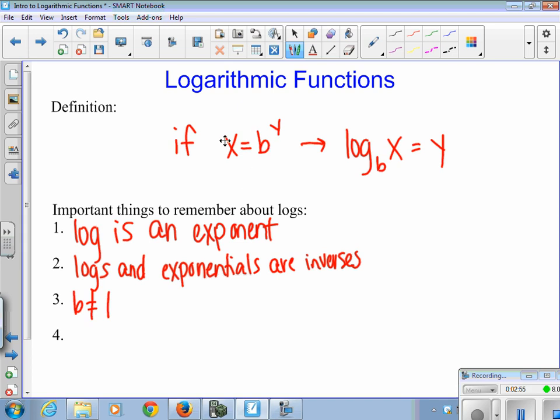And then we said that this number right here, we saw when we plugged in some positive exponents and some negative exponents, was just going to either be a number that got really, really big and shot up, or it got really, really small and got close to 0, but never actually was 0 or negative. So this x was always greater than 0, which means it was positive in our exponential. So same thing's going to be true with our log form. So the x has to be greater than 0 in a log form.